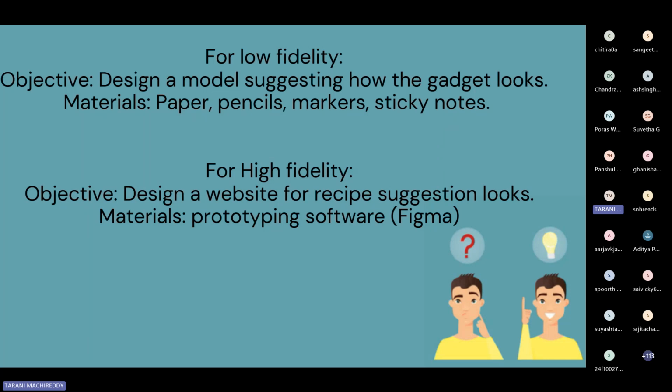Like in that gadget, we can include a screen where we can see a home page for recipe suggestions or ingredients. For high fidelity, we can design that website using Figma.